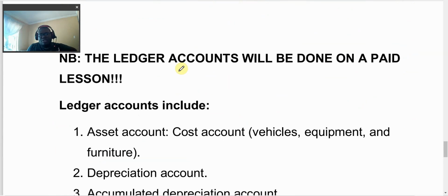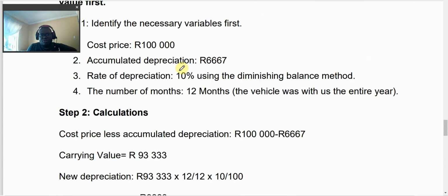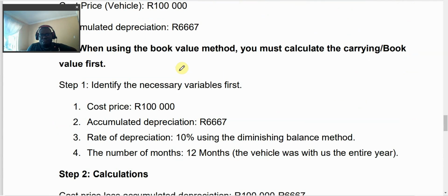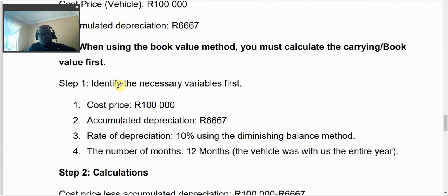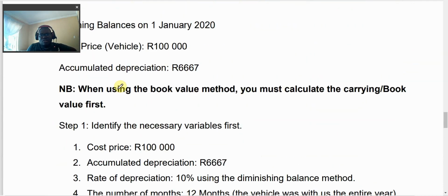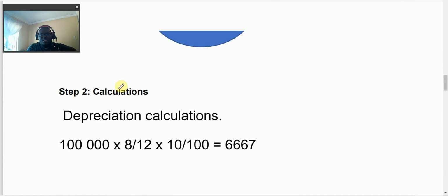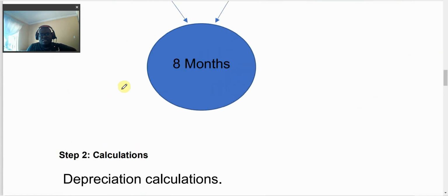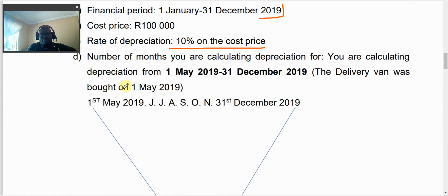I'm going to show you how they did it on the notes. So on the information, if you check, that's exactly what we did. If you calculate, that's May 1, 2, 3, 4, 5, 6, 7, 8.